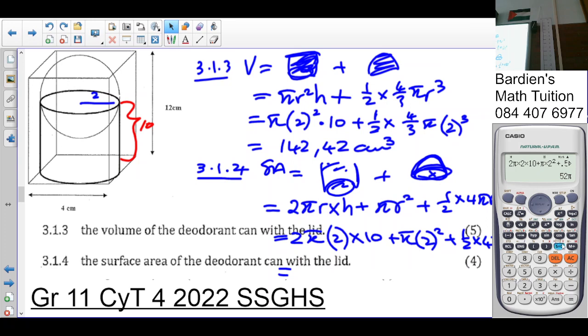It's going to give you 52 pi. Is that correct? 163. Yes. Okay. 163,36 centimeters squared.